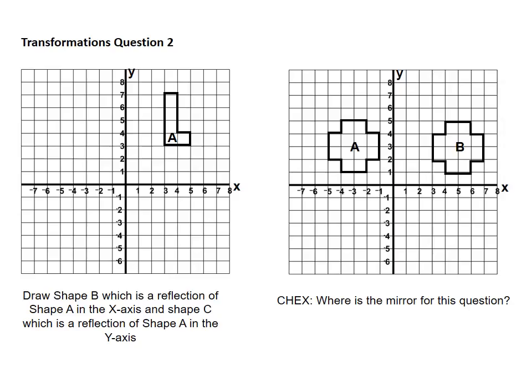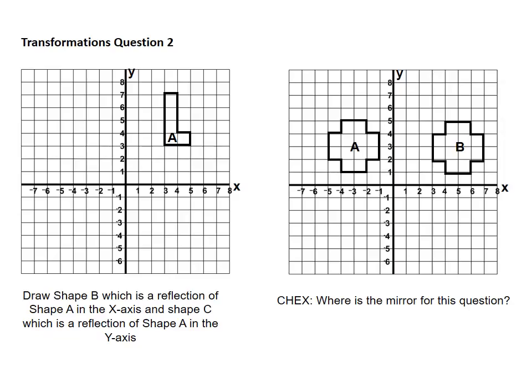I've got two questions for you to have a go at here. The first one, you are going to start with shape A and you are going to draw two more shapes. Shape B is a reflection of shape A in the x-axis. So you are going to put your mirror along the x-axis and draw shape B. Shape C is going to be a reflection of shape A, this time with the mirror along the y-axis.